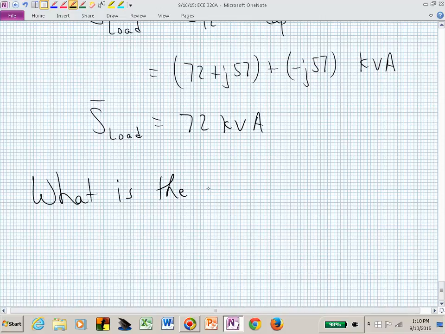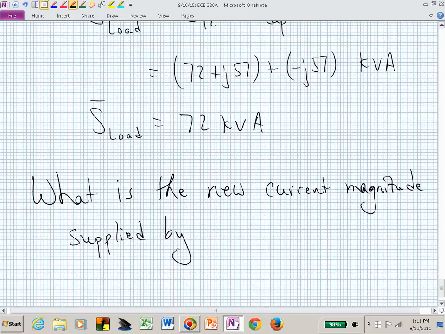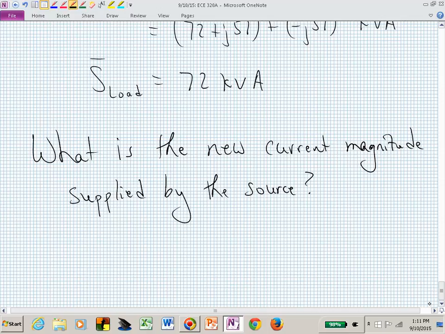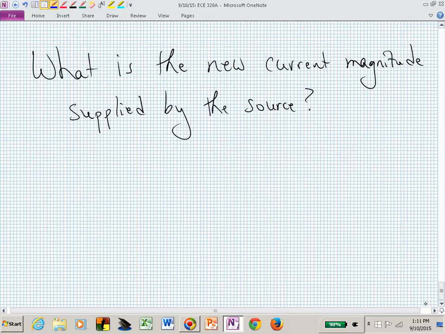What is the new current magnitude supplied by the source? And what's the first equation that you might think to be using?